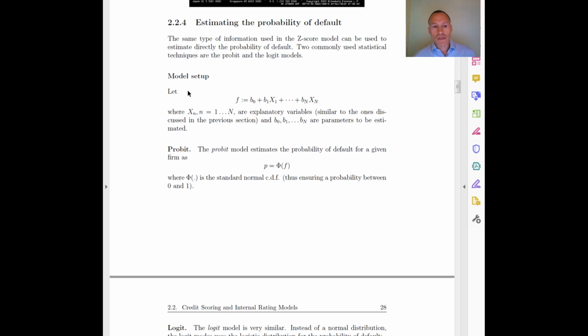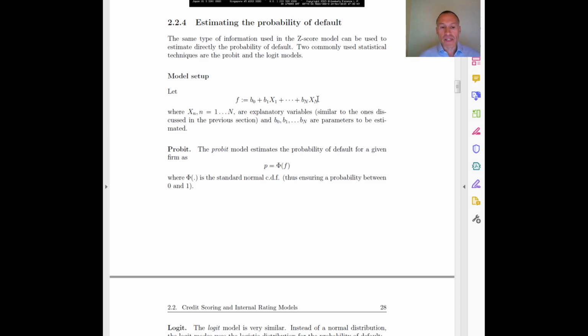So what we are going to do now is to estimate directly the probability of default. We have the same type of information, and that's what we're going to use. We're going to build a function that is very similar to the z-scores we have seen before, in the sense that it's going to be a linear function of some ratios, some financial information of the firm.